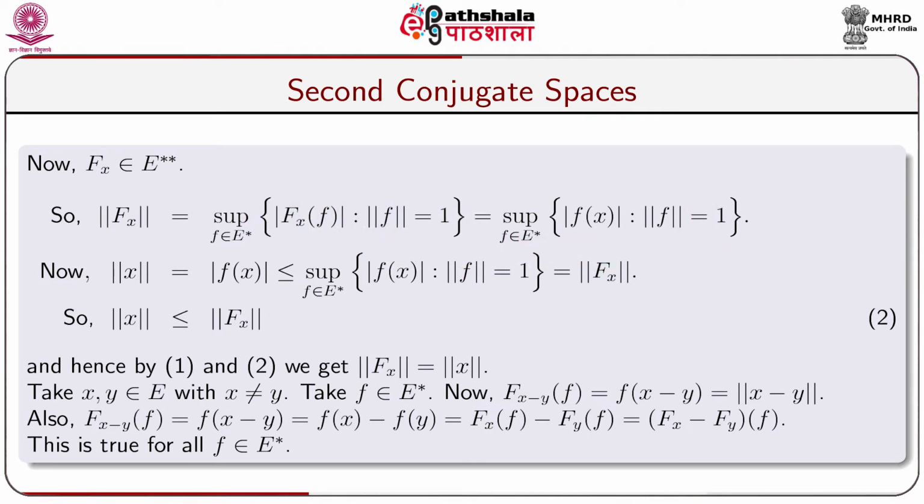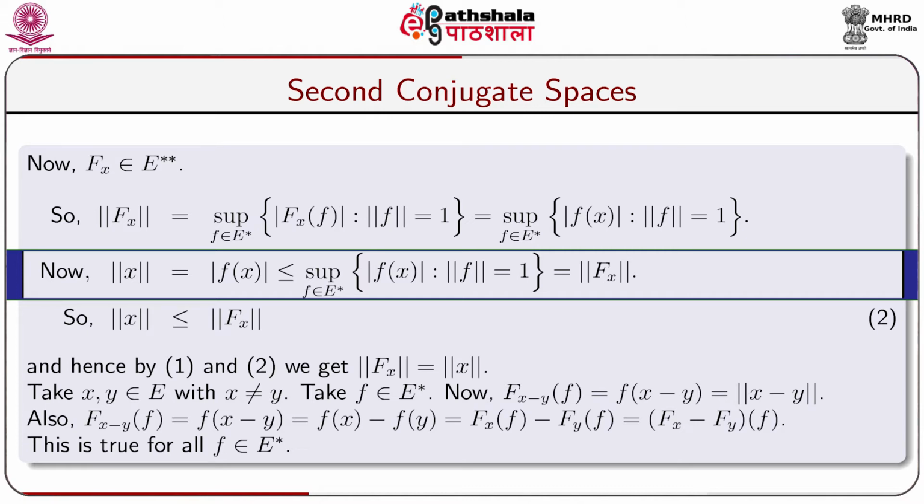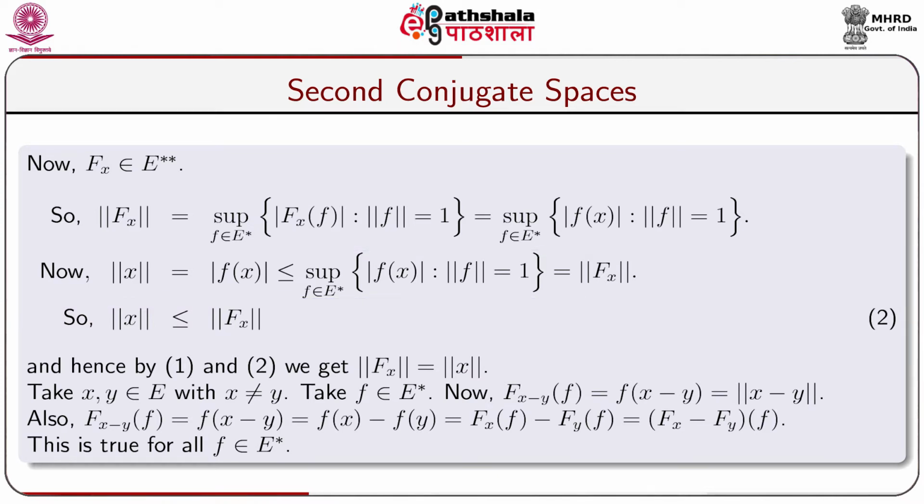Now, norm of x equal to modulus of f of x, which is less than or equal to, by the earlier relation, the supremum of all such elements modulus of f of x, where norm f equal to 1, and the supremum is taken over all such elements f belonging to E star, which is equal to norm of F x.